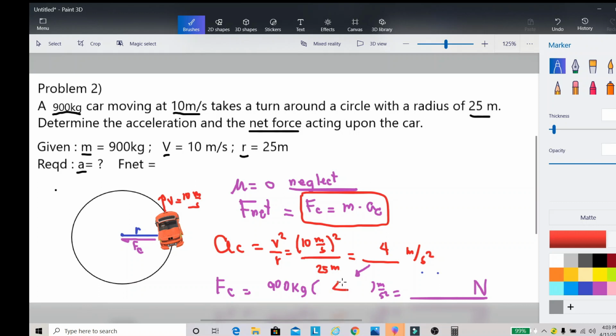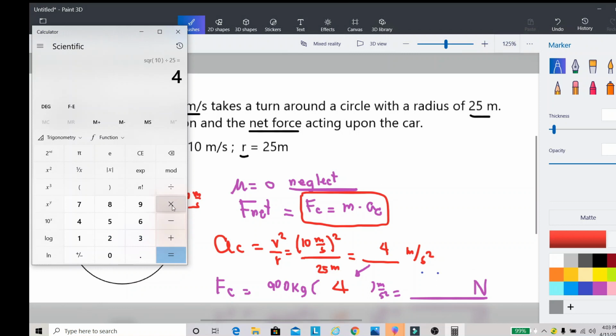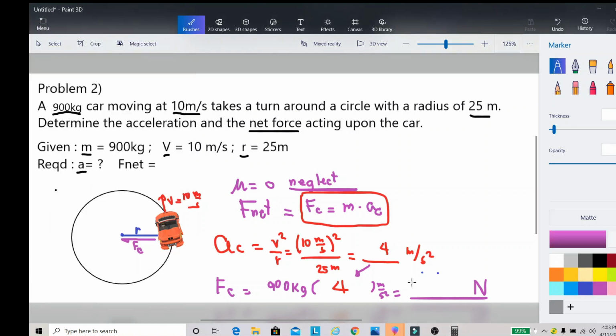So meron tayong 4 dito and i-multiply lang natin sa 900. That will be 3,600 newtons.